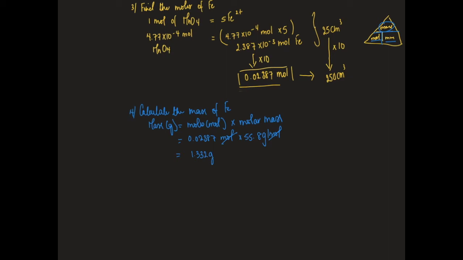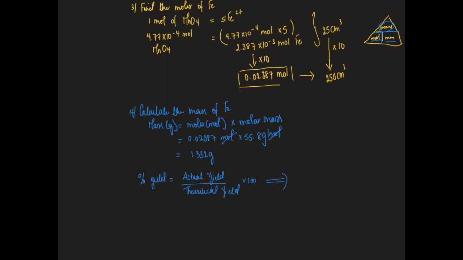It also asks for you to calculate the percentage yield. And as you recall from our previous video, that's equal to the actual yield, and we're going to divide that by the theoretical yield, and we're going to multiply that by 100.